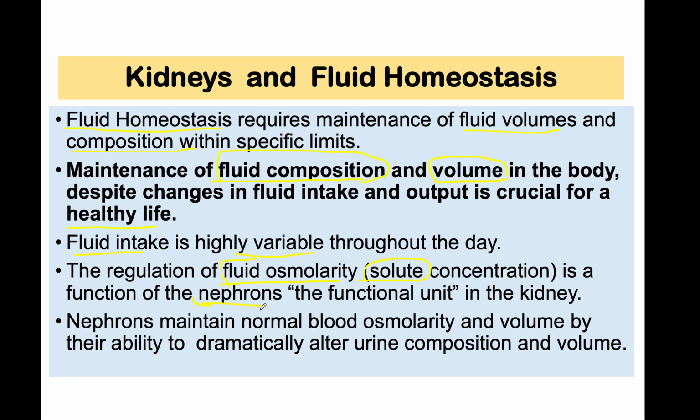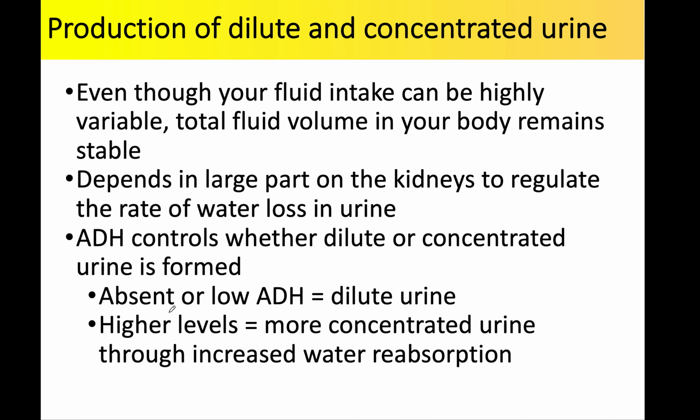But the nephrons can't do this alone. They do it by the antidiuretic hormone, ADH. Diuresis means to urinate or to form urine. So when there is antidiuretic hormone, the urine will be concentrated because antidiuretic hormone conserves the water, reabsorbs the water back from the tubules into the blood.